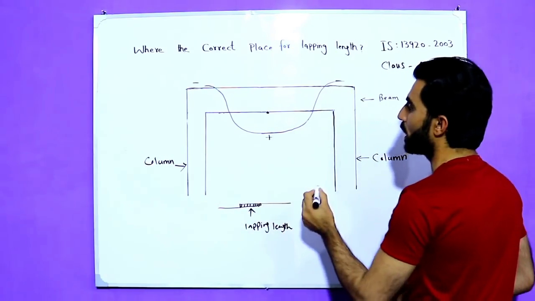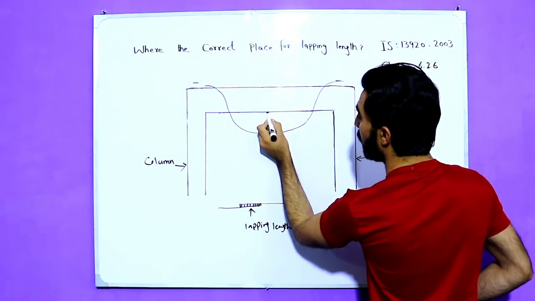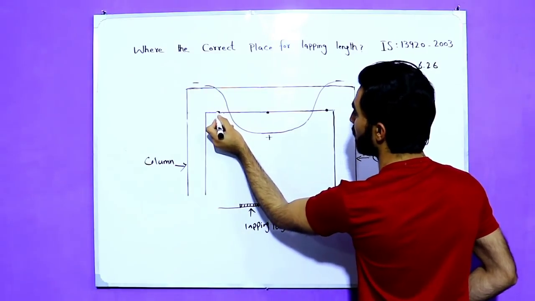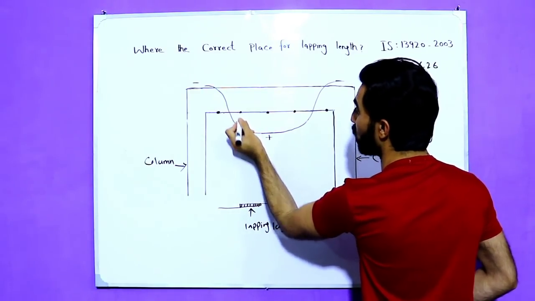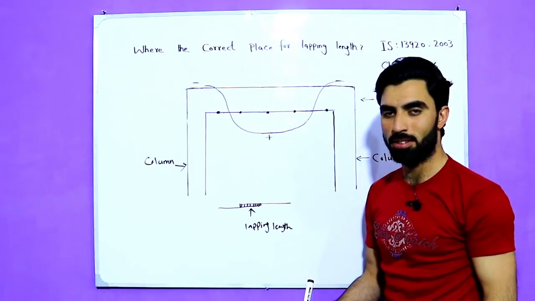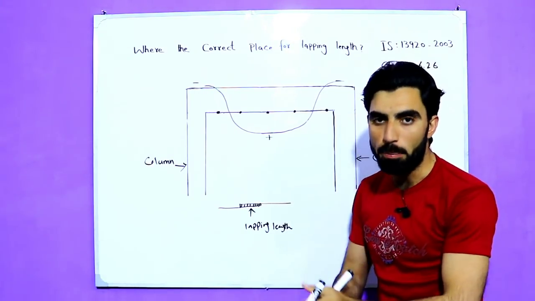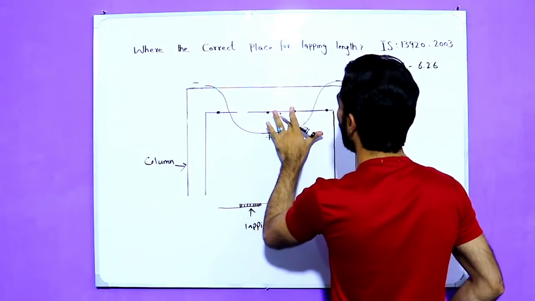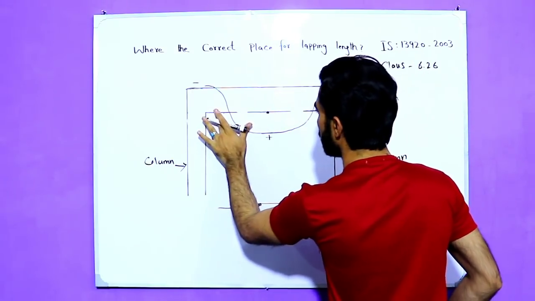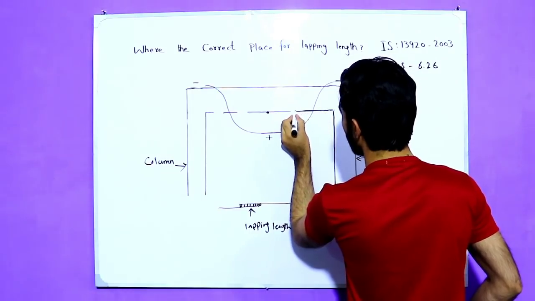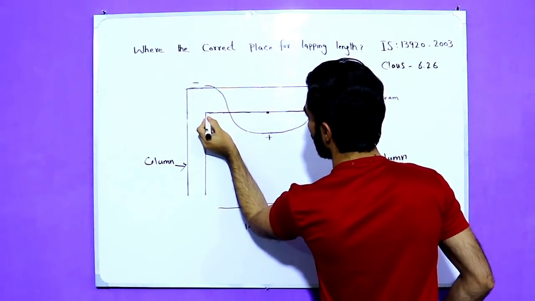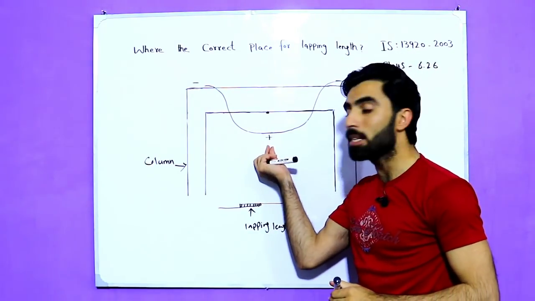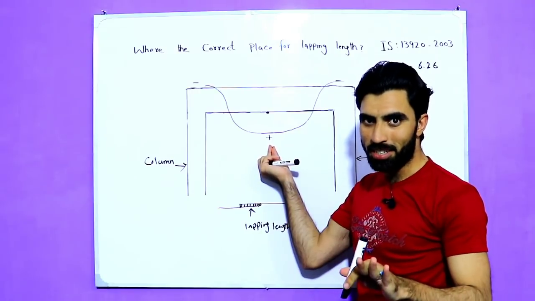Okay, so where is the correct place? Midpoint, or at the end of the support, or this place or this one? So which one is the correct place to provide lapping length? Okay, so guys, I will tell you first of all, this is the midpoint and bending moment is maximum at the mid, right?